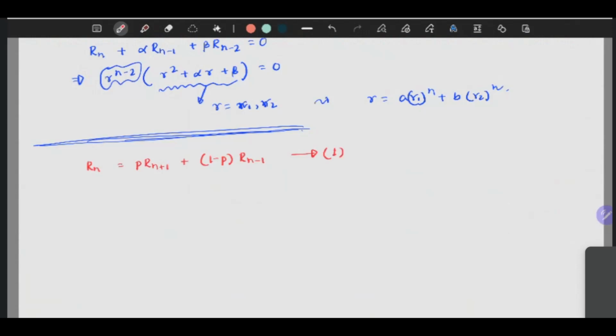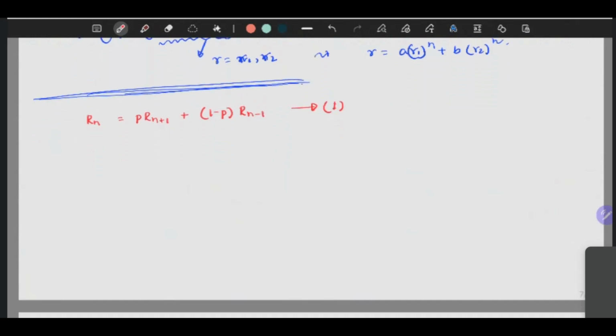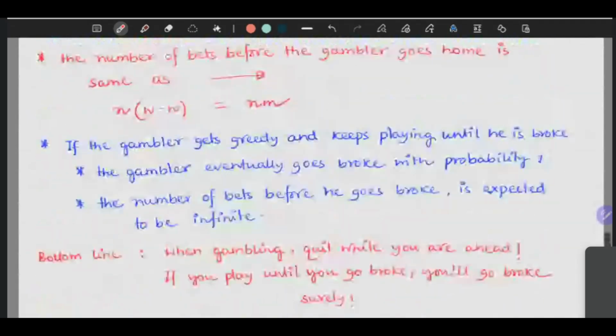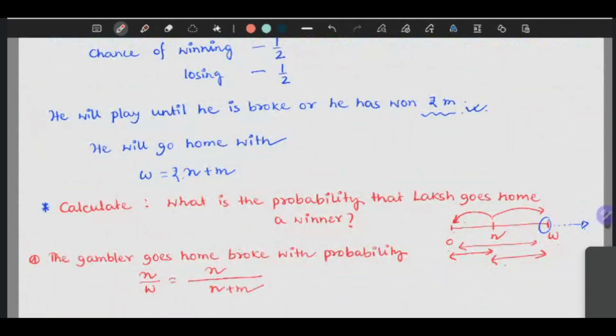Okay, so to solve it, we will use the boundary conditions or the initial conditions. The boundary conditions were that if the total amount of wealth is 0, then you will quit the game, and if it reaches its target W, then also there is no need to continue, so R_W is equal to 1, because that's what we have done to this problem, because this sort of mapped to these things, 0 to 1, like this.